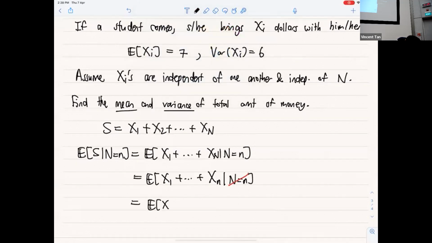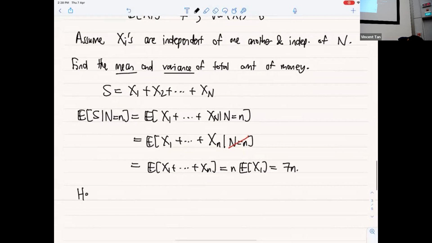So I have just X_1 plus ... plus X_n. And this is nothing but n times the first expectation, which is 7n. Is that clear? Actually, we did a calculation like this previously in the context of conditional expectation. Hence, we have that the expectation of S given N is equal to 7N, capital N.